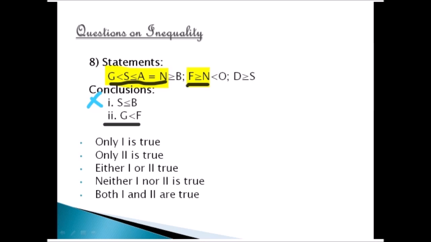Yes, I can travel from F to G. If this or this symbol is there, then a minimum of one symbol should be there. So yes, there is one symbol matching this. So this conclusion is true.